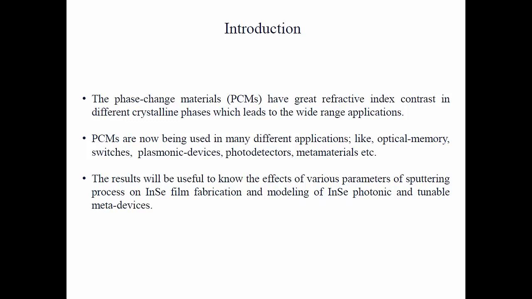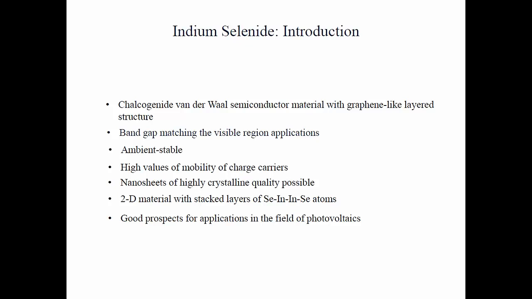So, we can change the phase of that material, and the phases have drastically different optical and electrical properties. So, we can make tunable devices of that material. Suppose we have made a device of that material, we can tune it with laser or heat. Indium selenide is a 2D chalcogenide phase change material.